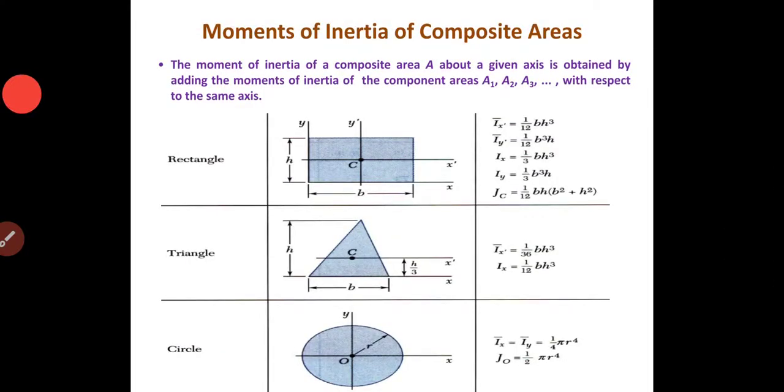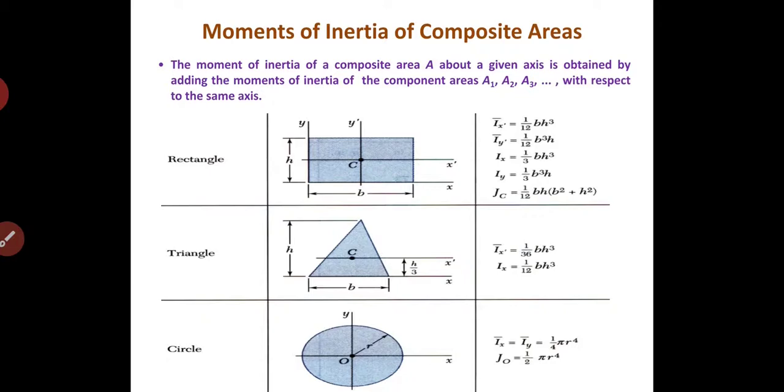These are some standard figures, and the moment of inertia with respect to the dimensions shown in the figure. About the base, for a rectangular section, it is bh cube by 3, and about the centroidal axis, it is bh cube by 12.